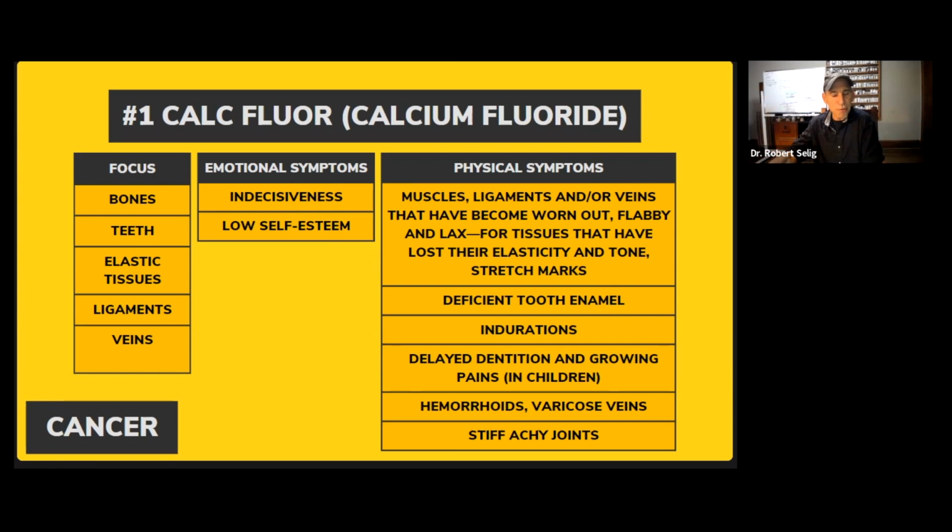So calcium fluoride is a great remedy when we combine it with other tissue salts. It is a huge player, especially when we're dealing with the bony stuff in the body. So now we're going to move on to the next tissue salt, number 2.